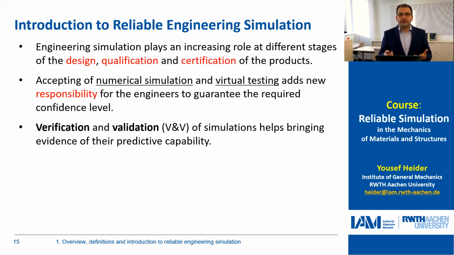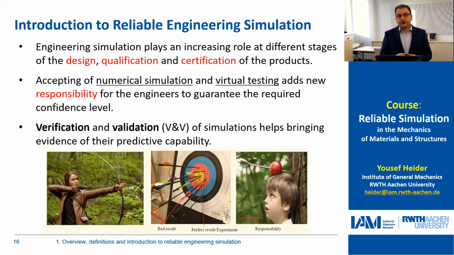Through verification and validation of a model, you can prove, or defend, your model, and you can say, okay, my model is reliable because I have this verification process and I have this validation data. The issue is similar to shooting an arrow at a target, and if your model is reliable, then it will hit the target in the yellow spot.